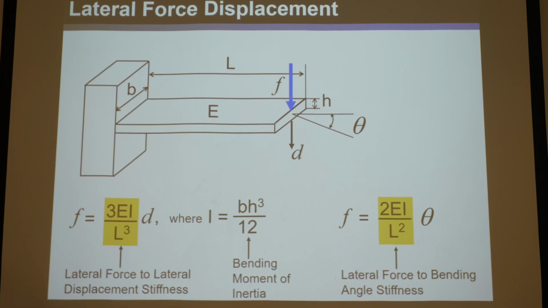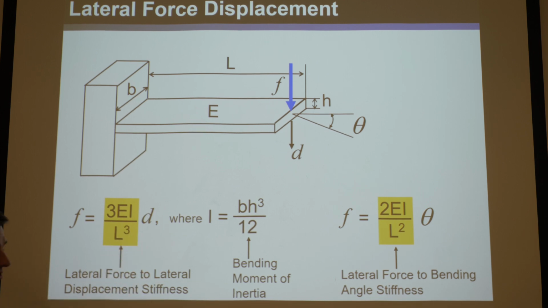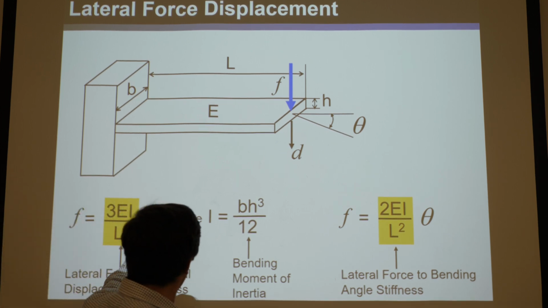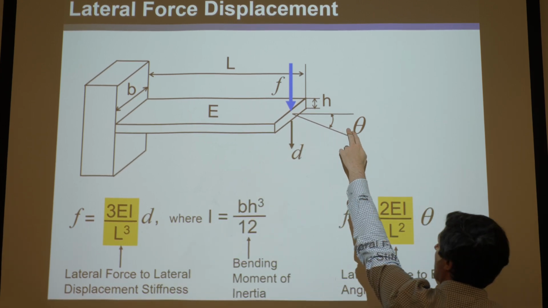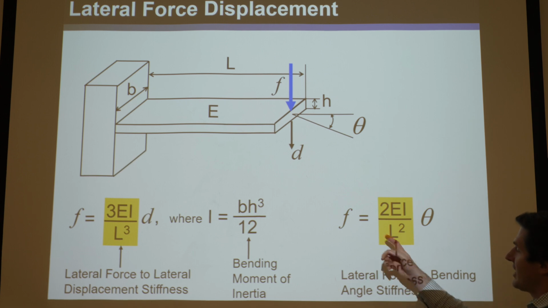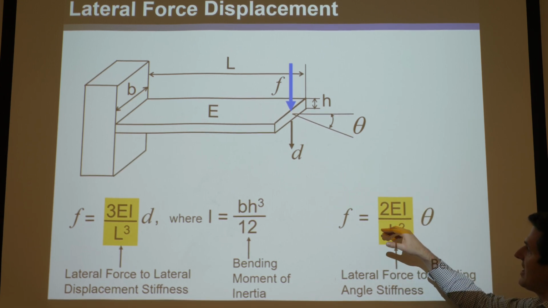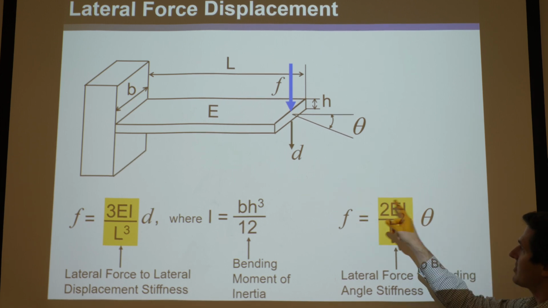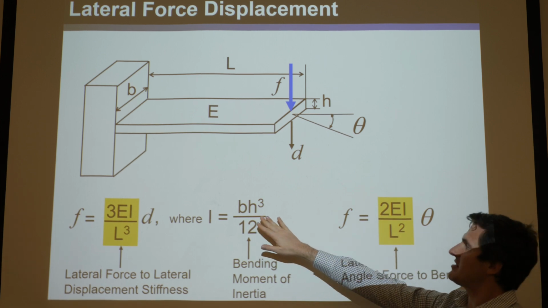Now, there's different kinds of stiffness, right? This relates force to displacement. What about force to theta? Because that beam will also bend a certain angle. It doesn't just purely translate and displace. It does translate. If you put a dot on there, it will displace, but it'll also rotate some angle theta. Well, it's actually interesting. You can also prove, and again, outside the scope of this course, that the stiffness that relates force to theta is 2EI divided by L squared, where I is still this.